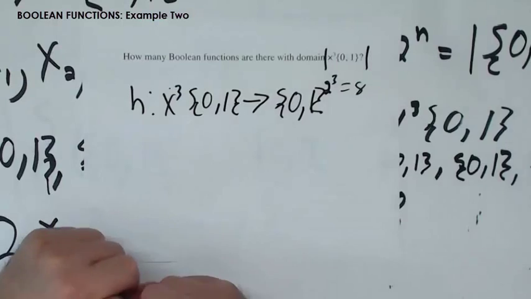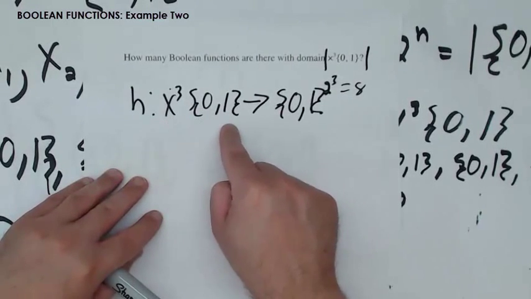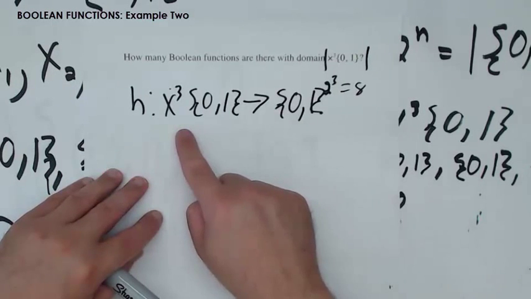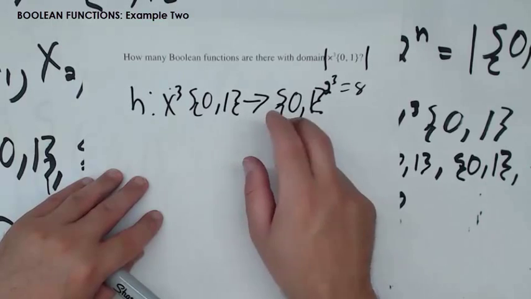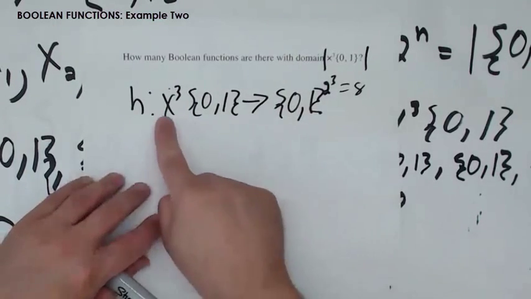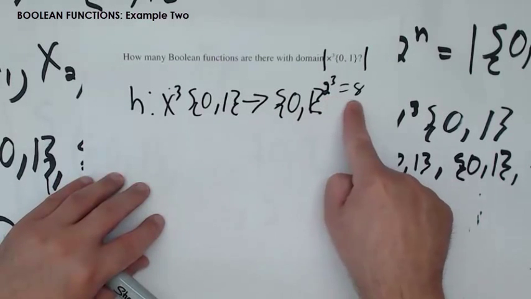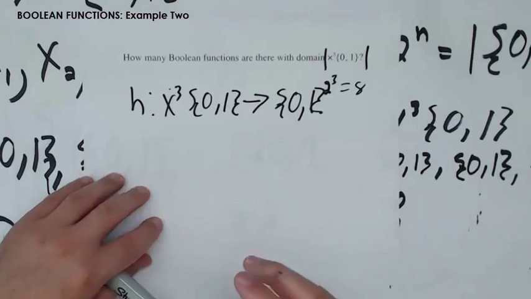That means a function that has the domain of 3 binary tuples, a 3 tuple of binary values, and the range, the output, is a single binary value. So we know how many possibilities are here. There's 2 to the 3 or 8. How many possibilities are here? Well, there are 2 possibilities for each one.